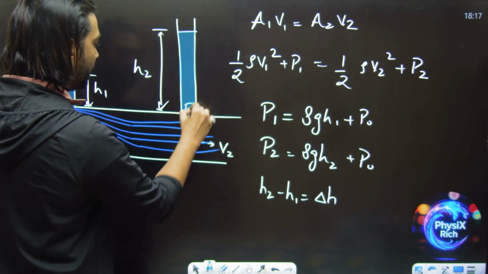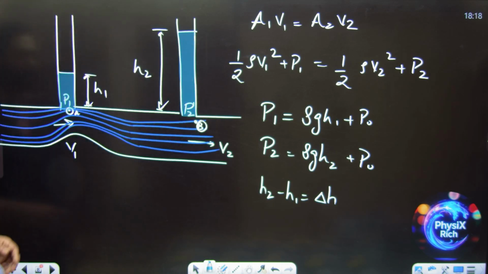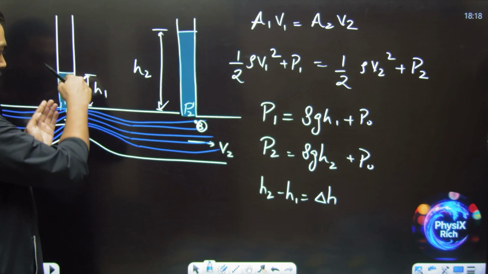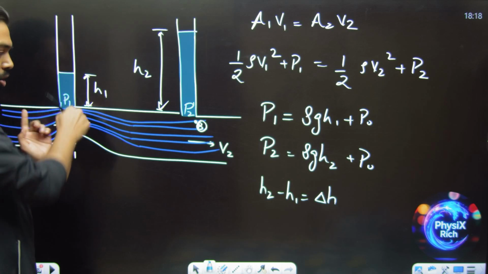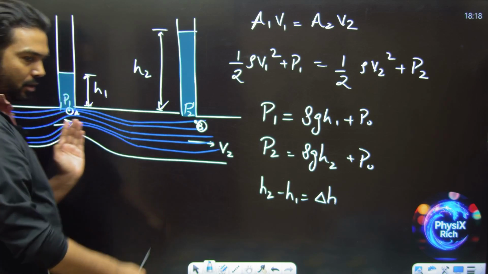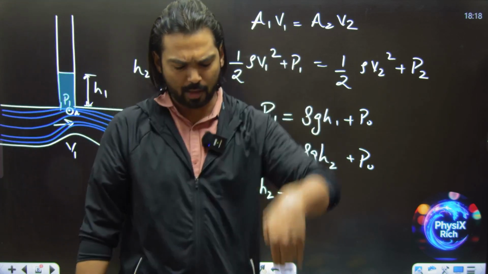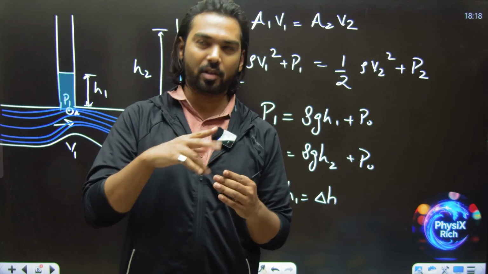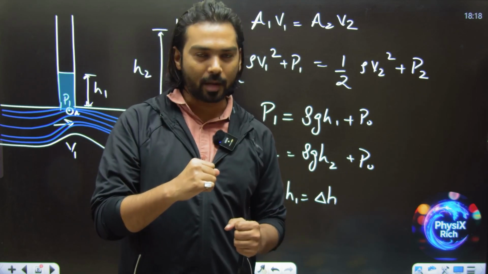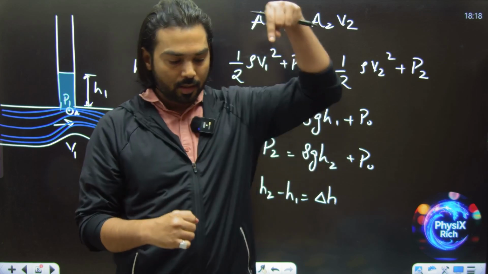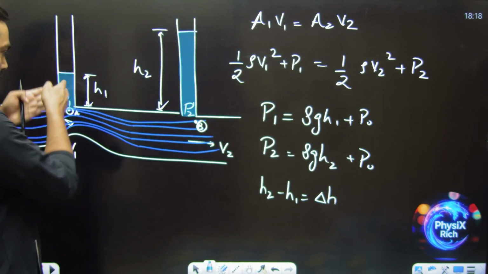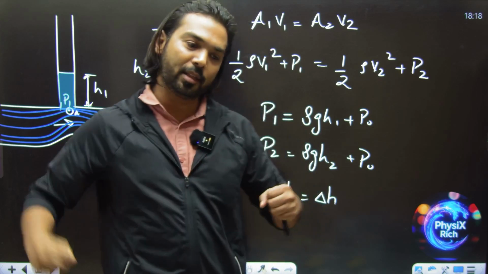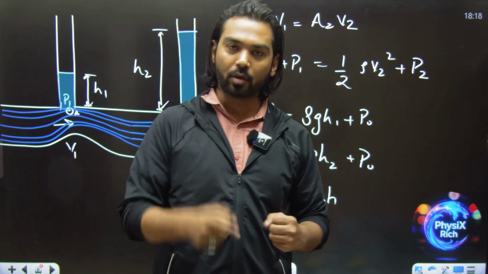Because these fluid particles are stuck, they are applying a downward pressure onto this flowing fluid. The particles want to come down because of gravity, but the flowing ones punch them up and they're like, don't come down.